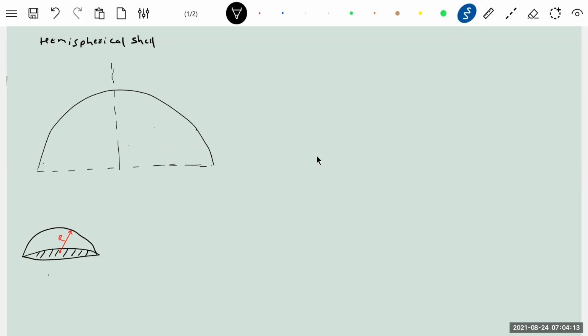So here we'll assume an elemental structure. What elemental structure should I assume? I should assume the elemental structure to be a ring. Three-dimensional is not possible, so I'll give a rough diagram.